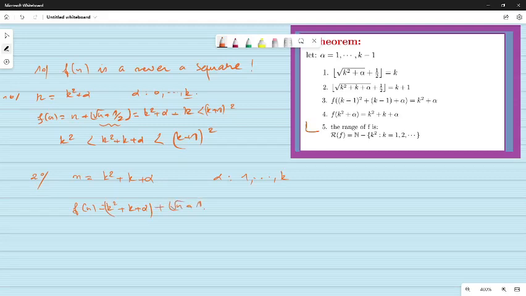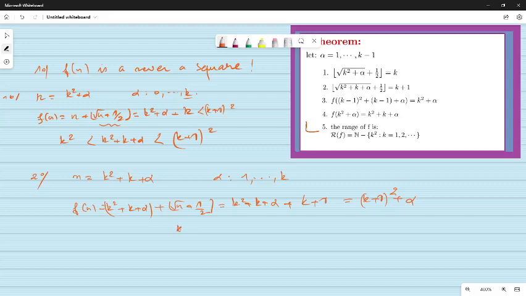If n has this form, we have seen before that f of n is equal to k square plus k plus 1 plus alpha, and this is equal to k plus 1 square plus alpha.